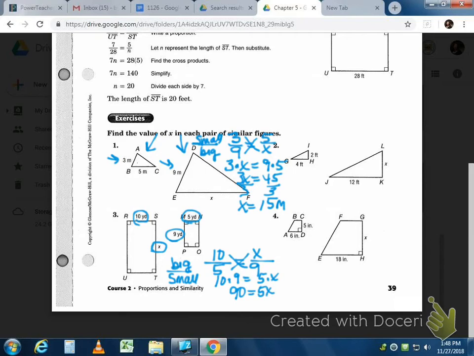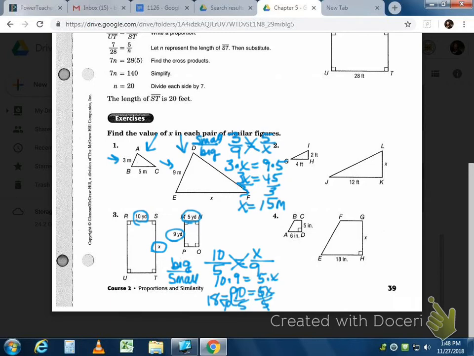Not necessarily. They could have, it just depends on which one they give you the missing one on. But that's a good question. It could be on either one. What's the last step towards solving that? Divide by 5. So x equals 18. How would I label this one? 18 yards. Okay, are there any questions?